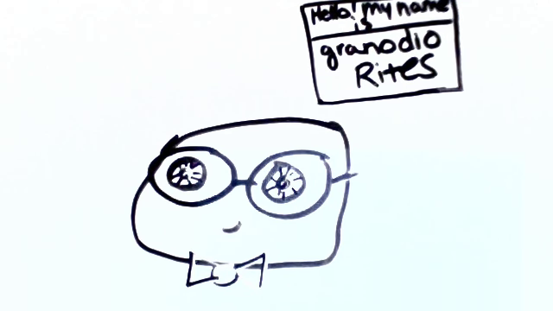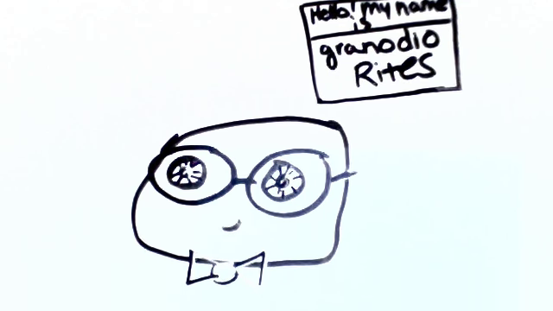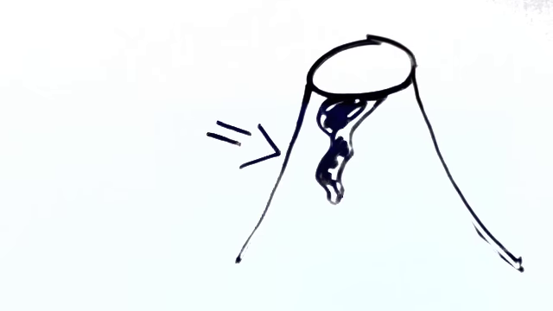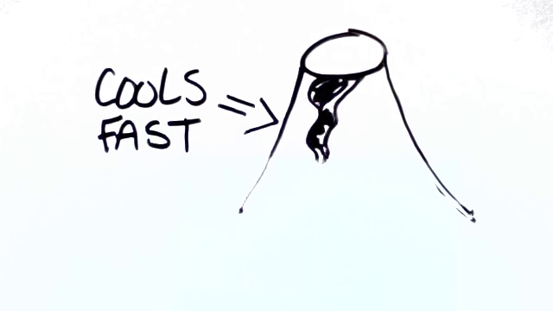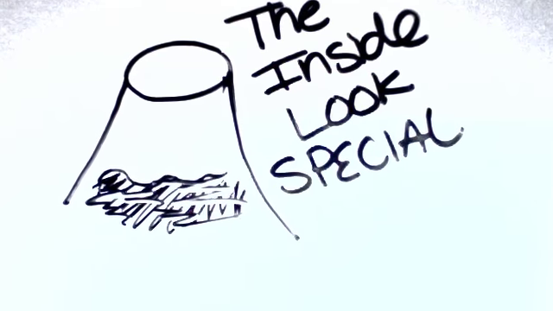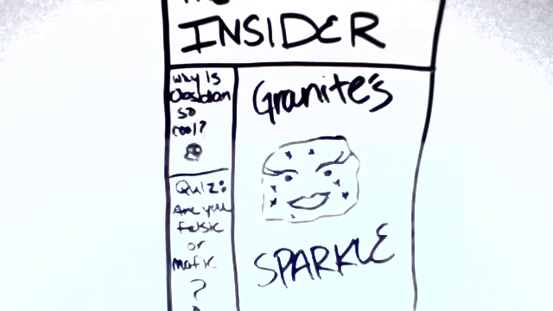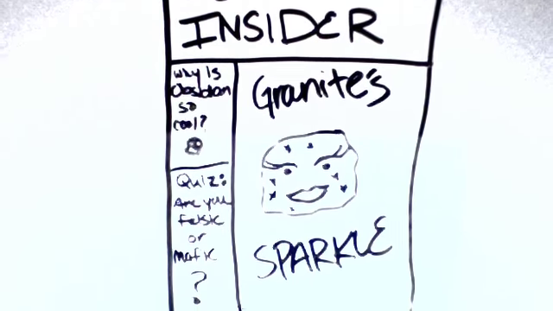The more well-known differentiation is whether the igneous rock is intrusive or extrusive. Extrusive rocks cool fast on the surface. Obsidian is an example. It is very black, sleek, and smooth. Intrusive rocks cool slower within the earth. Granite is an example of an intrusive rock. It has more of a rougher texture.